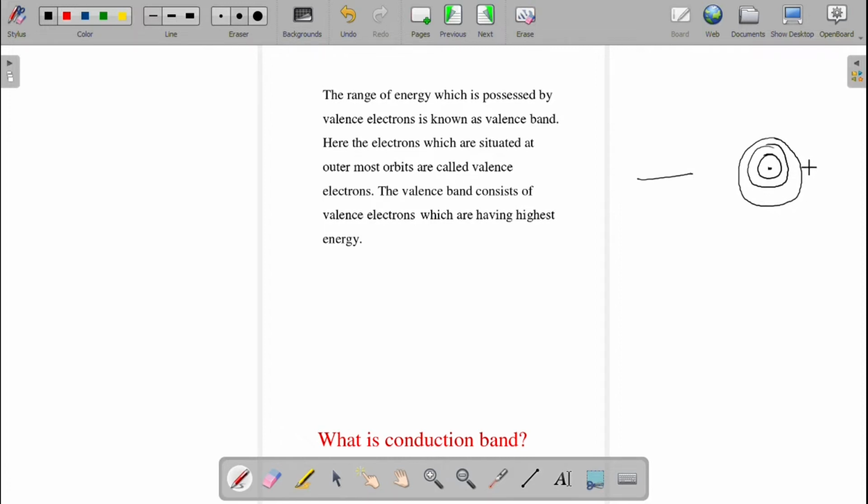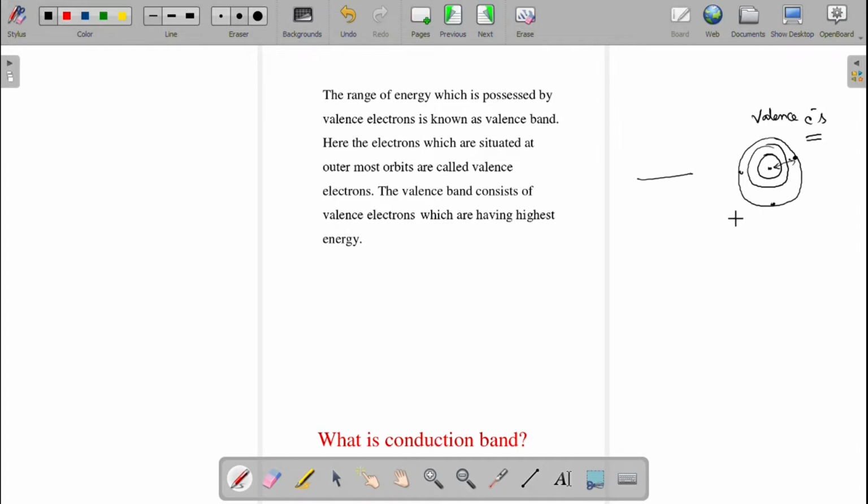Okay, so the electrons present in the outermost orbit are called valency electrons. For example, the orbit itself is called the valence orbit. The outermost orbit is called the valence orbit. The electrons present in the valence orbit are called valency electrons, which are farthest from the nucleus. That's why they are loosely bound to the nucleus.